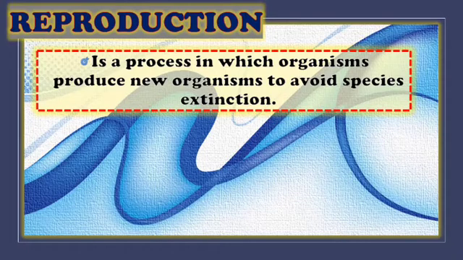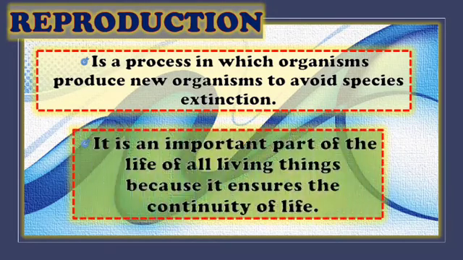Para hindi mawala ang lahi, kailangan mag-reproduce ang tao. Aside from that, it is an important part of the life of all living things because it ensures the continuity of life. So, para ma-continue ang ating life, kailangan mag-reproduce. Kailangan meron tinatawag na reproduction.